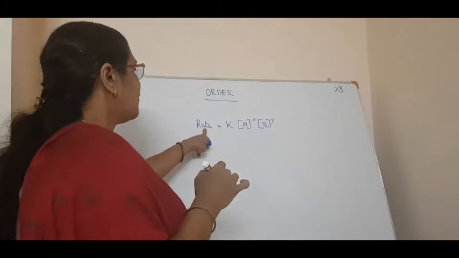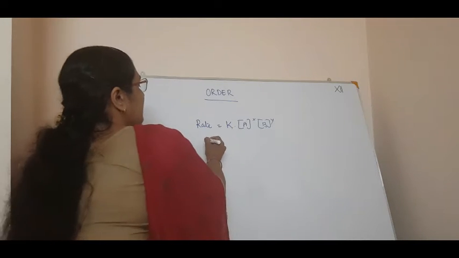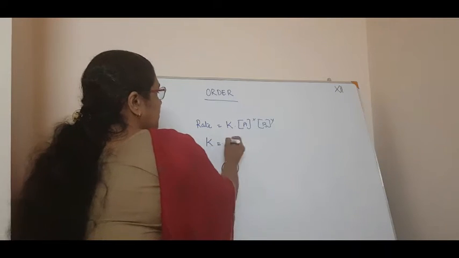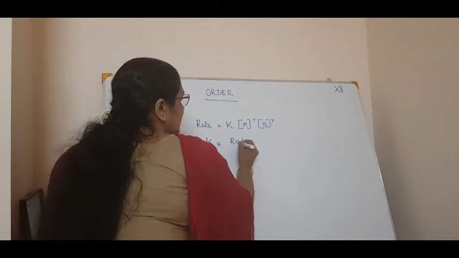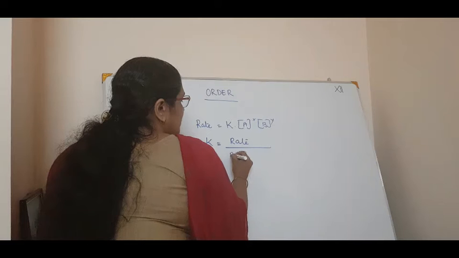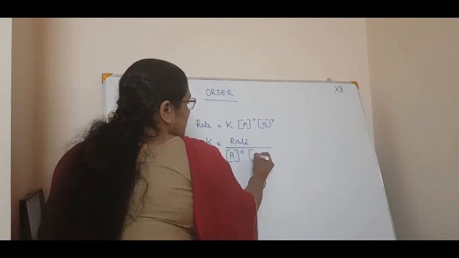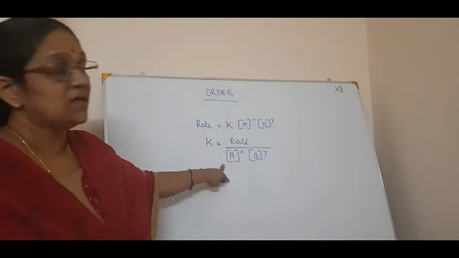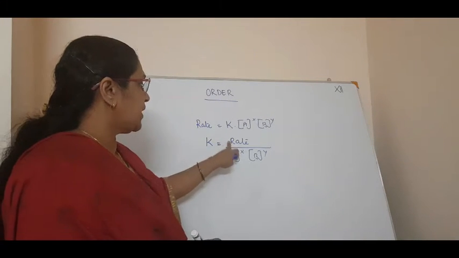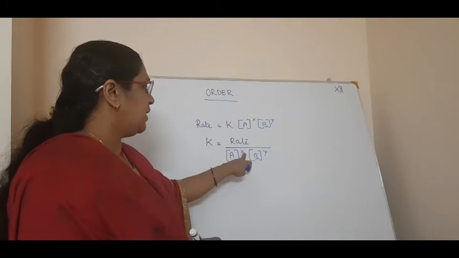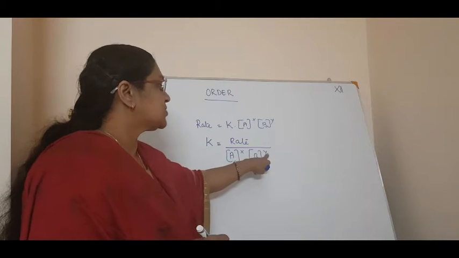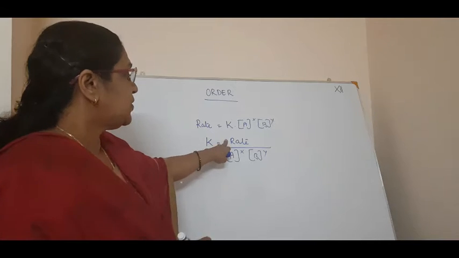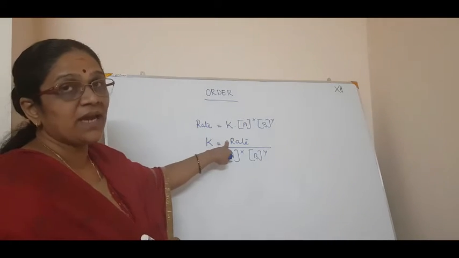From this equation, we can write K is equal to rate divided by concentration of A raised to X into concentration of B raised to Y. Now, what is the unit of rate of a reaction?